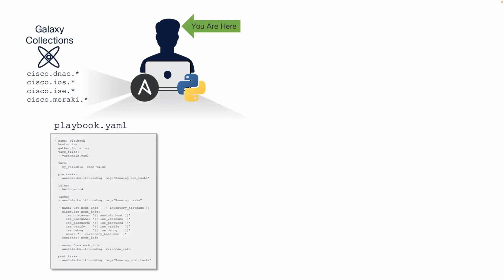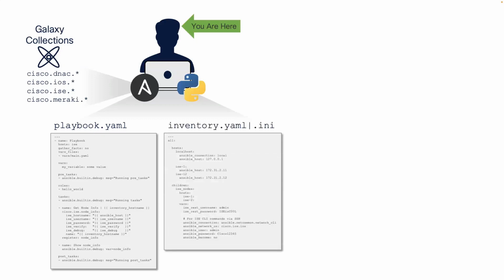But basically, the idea is you write these things called playbooks, which contain plays, which perform tasks in a very serialized, straightforward, step-by-step manner. And you perform those playbooks against an inventory, and the inventory could be network devices, it could be web servers, it could be ISE nodes, whatever you happen to be running these plays against, to configure them.